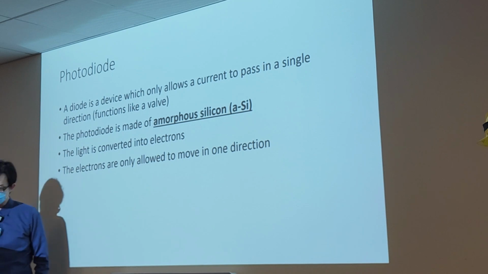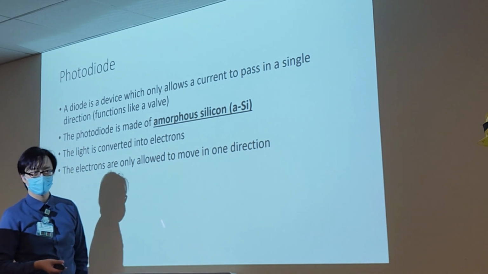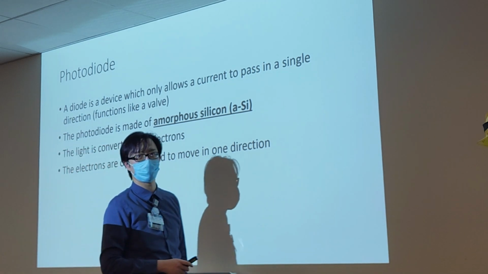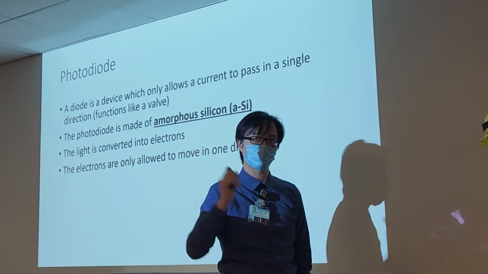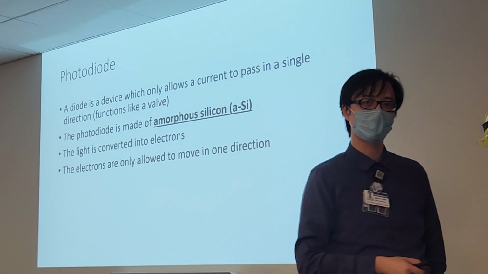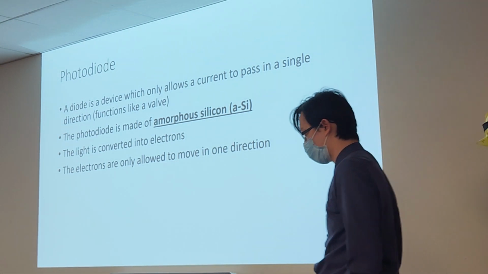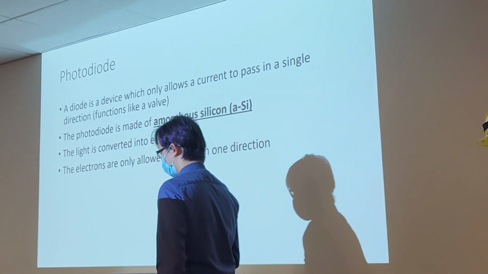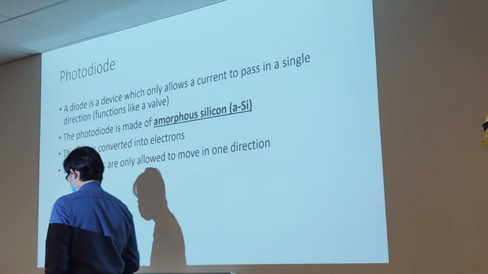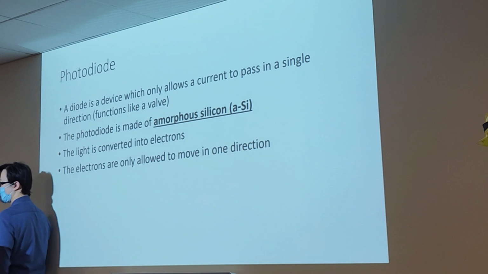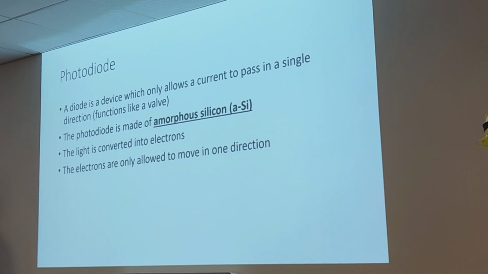Now, we'll talk about what a TFT is in just a moment, but one more thing to know about the photodiode. What is it made out of? Amorphous silicon. ASI. What is the scintillator made out of? Cesium iodide. Good.